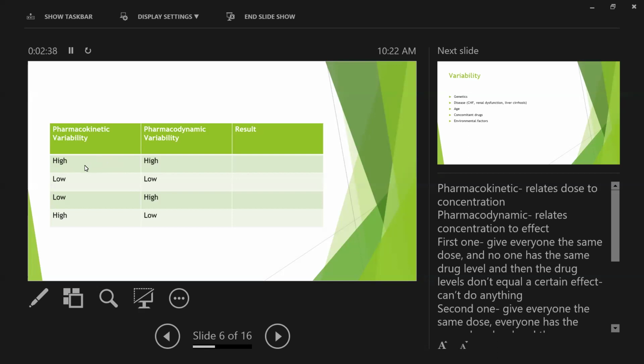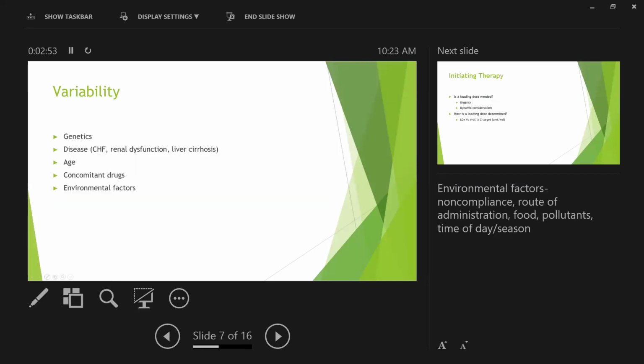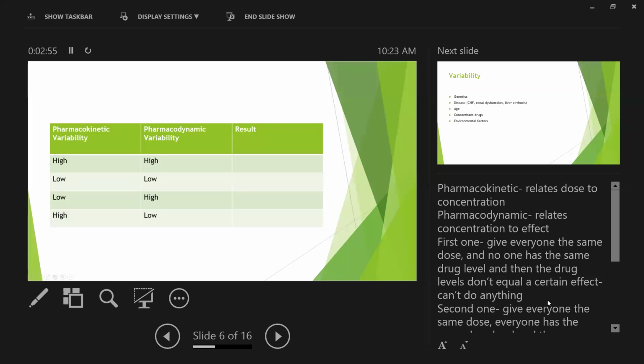Anything that says low pharmacokinetic variability means we can predict what the concentrations are going to be. So I'm likely not going to need to do anything with the low variability. See if I can figure out how to use a marker here.